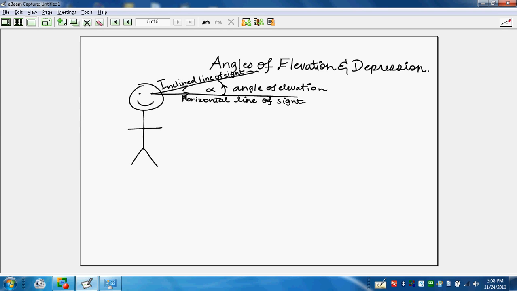You're writing: the angle formed by a person's horizontal line of sight and his declined line of sight is called the angle of depression.